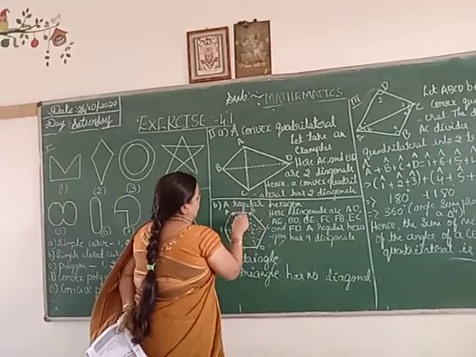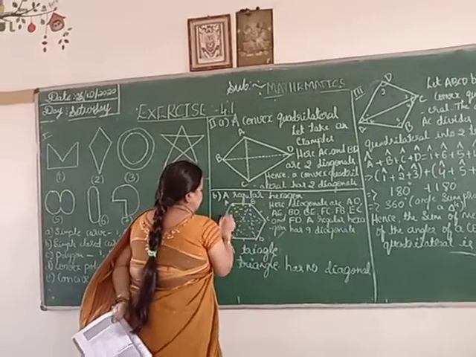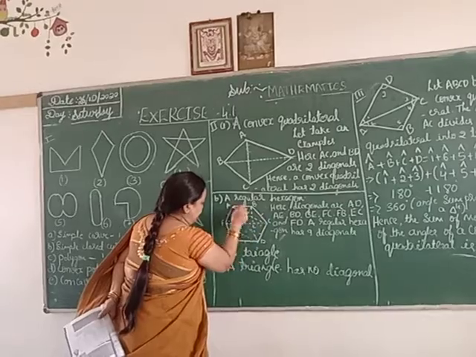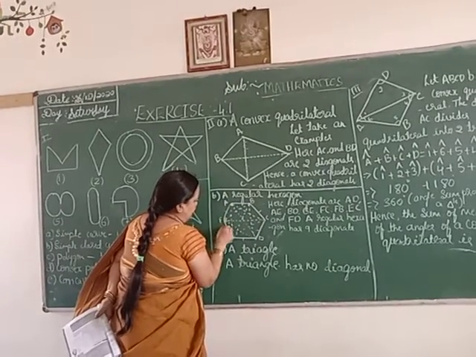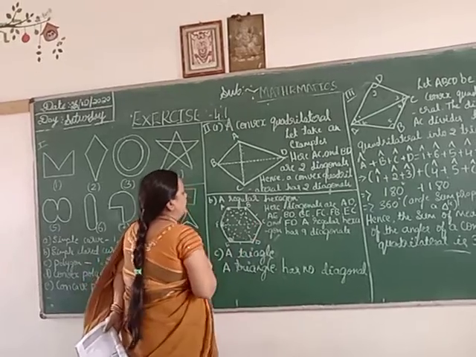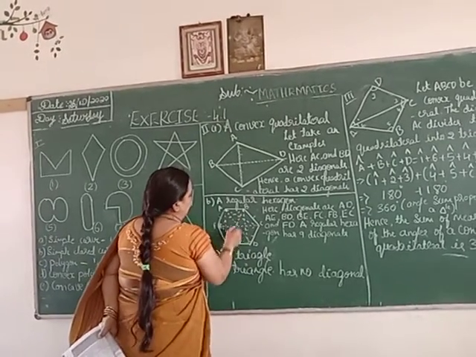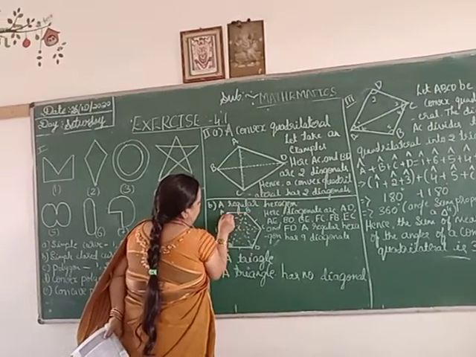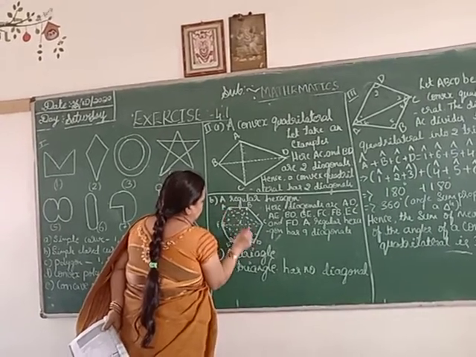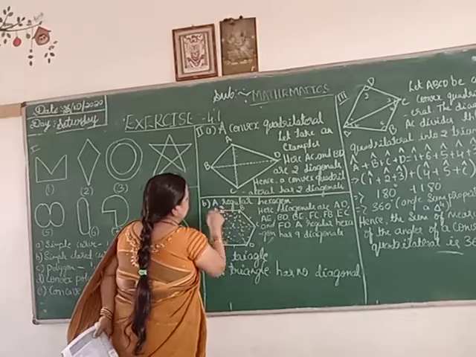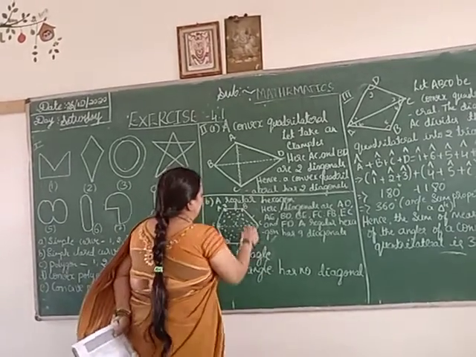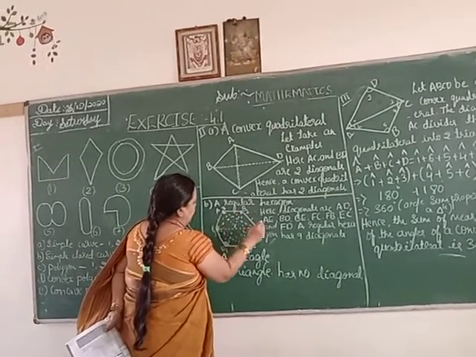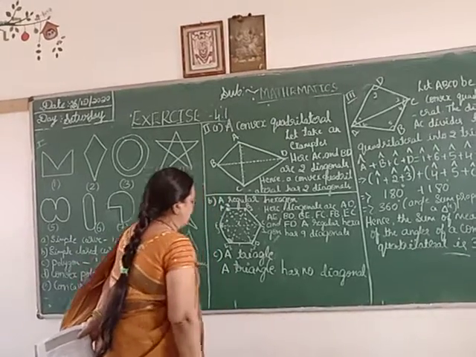A hexagon is a geometrical figure which has 6 sides. All 6 sides should be equal, and all 6 angles also should be equal. Now I have taken the example of a hexagon picture for you. See, taking non-adjacent would be wrong; from here to here I can take, from here to here I can take. From this vertex, how many have I made? 3, correct? Similarly from here, how many? 3.